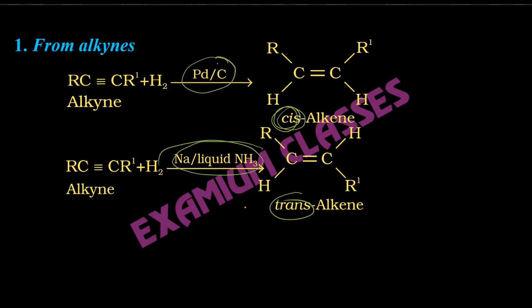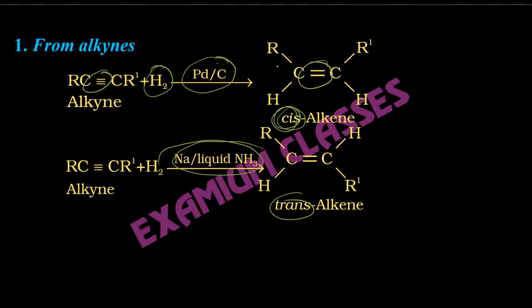What we have done in the preparation of alkanes from alkenes is alkene reduction, Sabatier and Senderens' reduction, if you remember. In that case, hydrogen with palladium, platinum, nickel will give you alkane. Here we have alkyne, and alkynes will give you alkene.